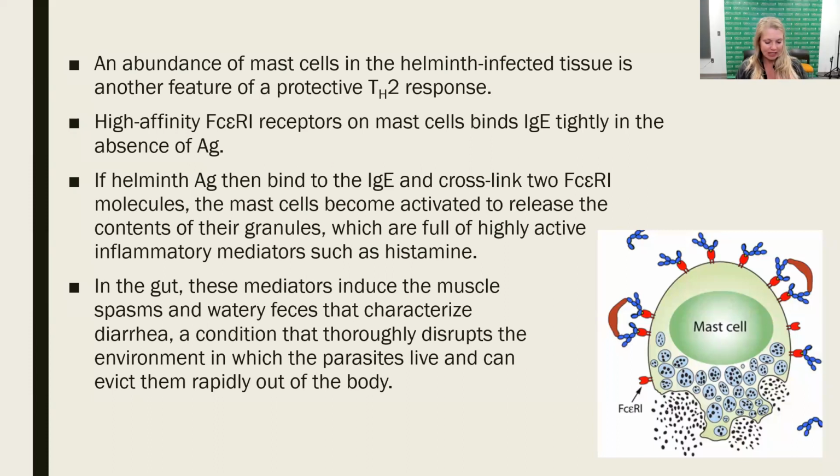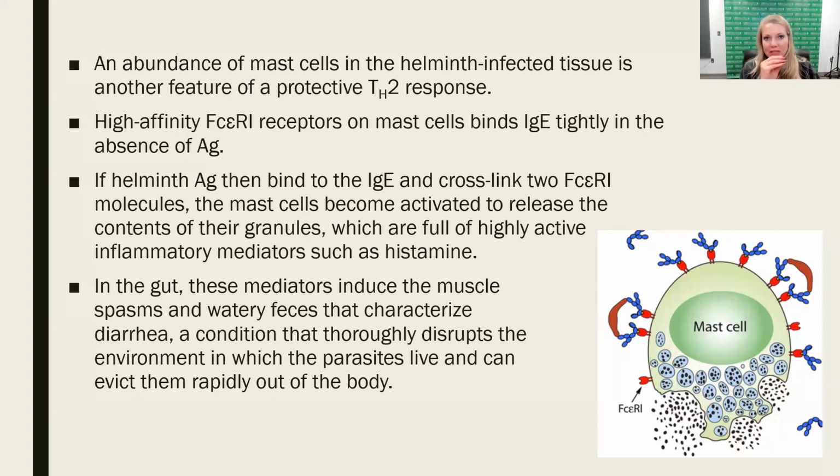So these high affinity Fc epsilon receptors on these mast cells are going to bind up IgE as soon as they can find it and hold on to that IgE and use them as receptors. So even when there's not antigen present, mast cells are armed with antigen-specific IgE just waiting.